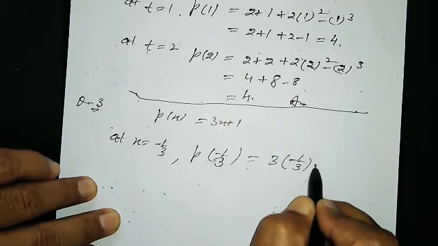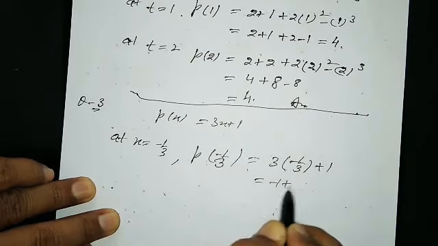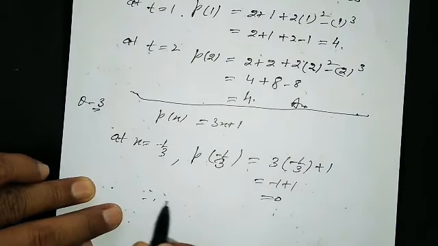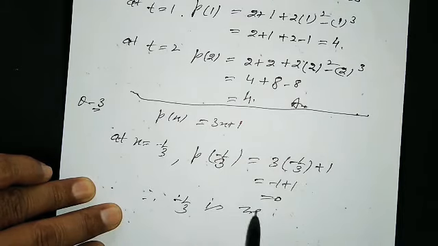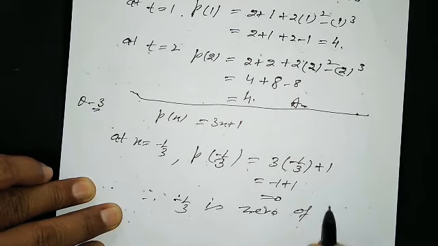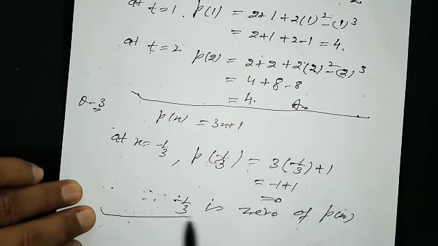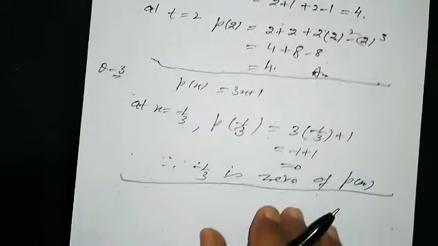We have to verify that. As we see, it is 0, so -1/3 is a zero of the polynomial. Okay, very easy.